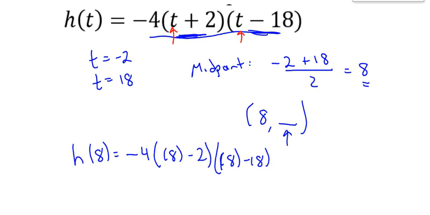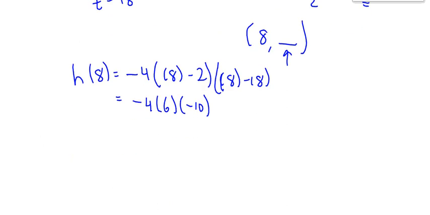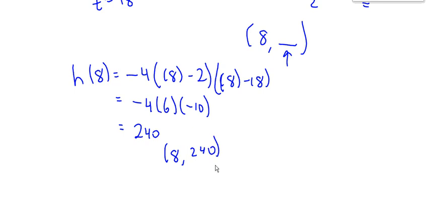I always substitute in a bracket, so I know it looks a little more messy, but it's because I'm using a tablet. So I have -4, and then this bracket is just 8 minus 2, and this bracket is 8 minus 18. And then I just calculate what this is. -4 times 6 times -10 is 240. So my vertex is at 8 comma 240.